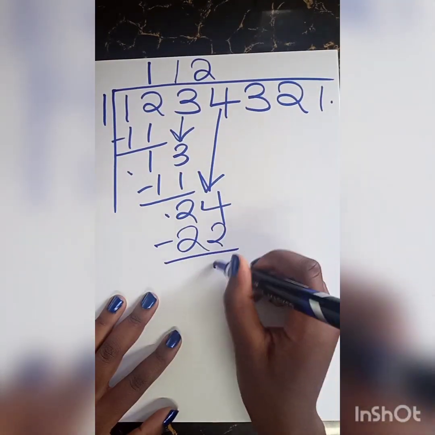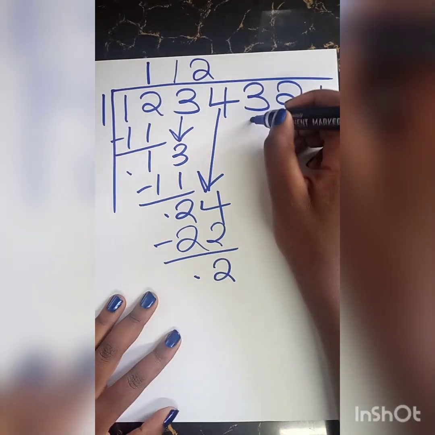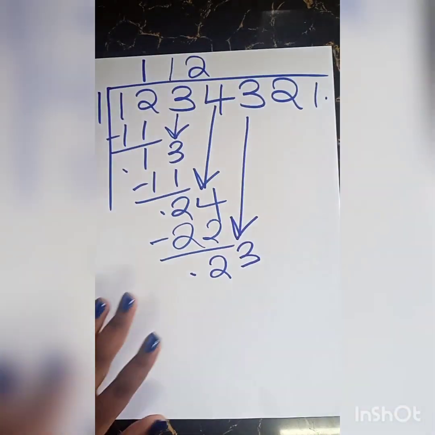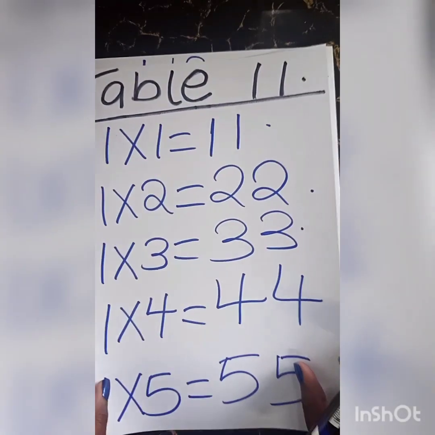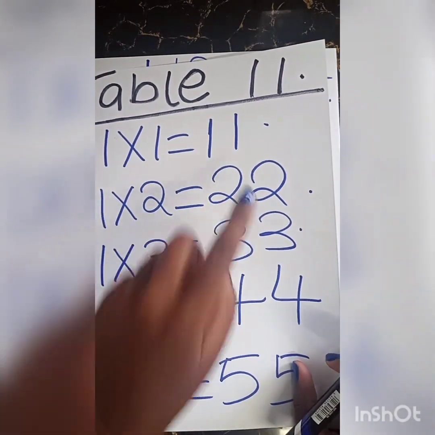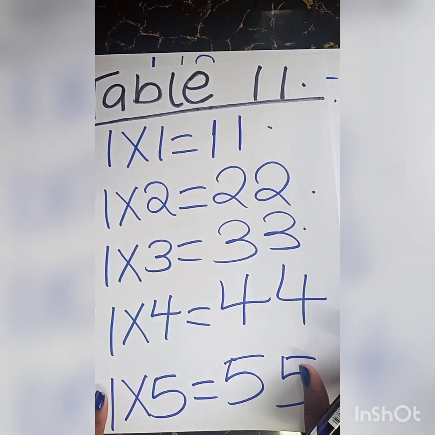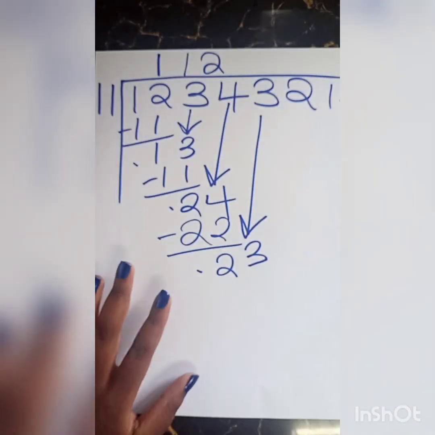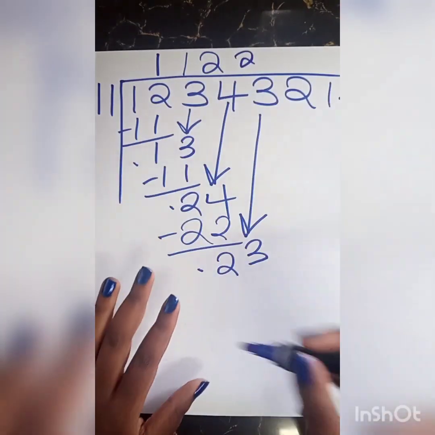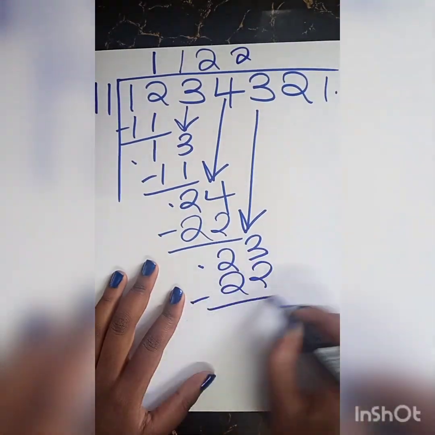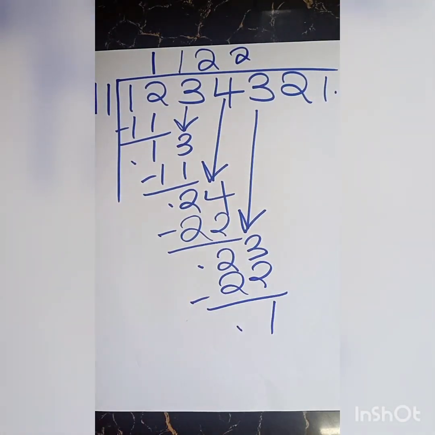And 4 minus 2 is 2. So when you drop the 3, you get 23. Where does 23 fall in table 11? 23 is also in between 22 and 33. So we'll write a 2 because 22 is less than 23. 2 times 11 is 22. 3 minus 2 is 1.